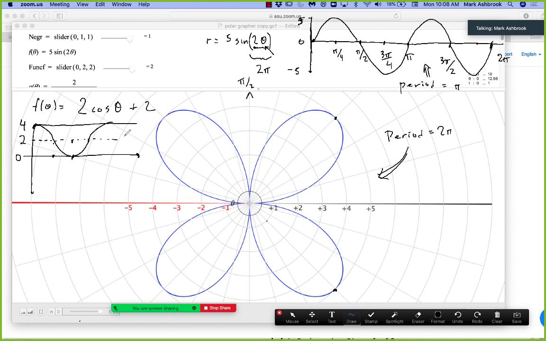And our period is just 2 pi. So 2 pi, 3 pi over 2, pi over 2.